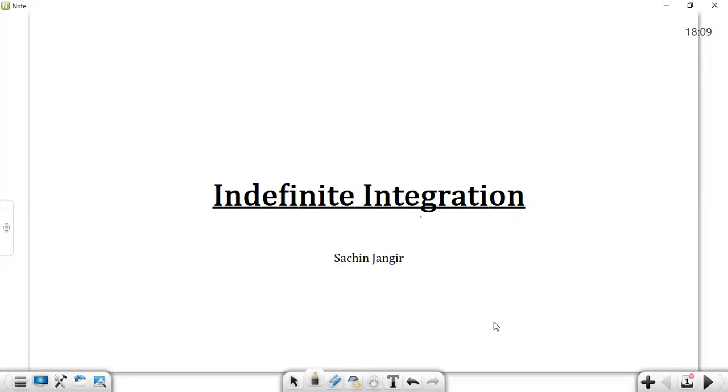We were breaking the function down into very small pieces, where h used to tend to 0. Now what we are going to do is completely opposite in nature: we are going to look at the integration of a function.